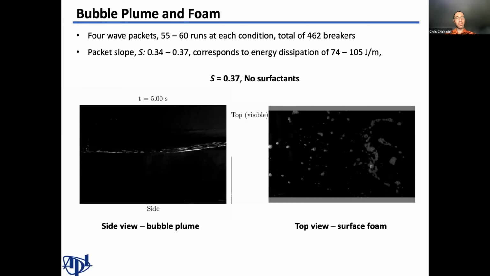We varied the breaking by varying the integrated slope of each wave packet. This is following Loewen. And that corresponded to a range of total energy dissipation of 74 to 105 joules per meter. And the actual wave breaking heights in these cases were about 10 to 15 centimeters.